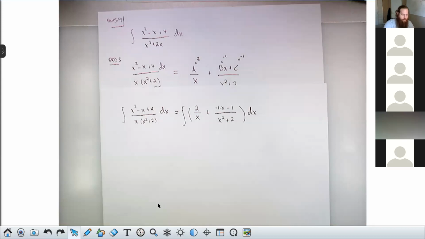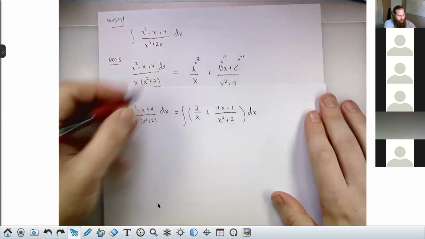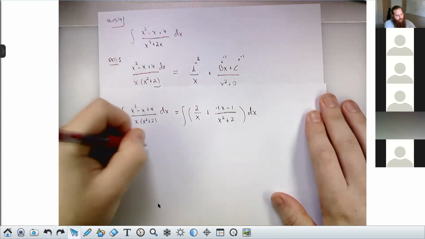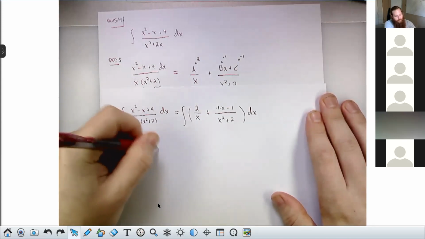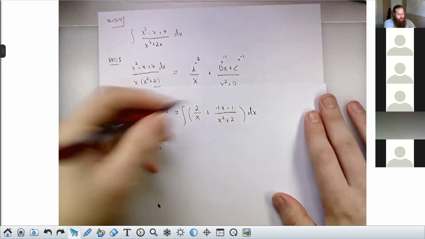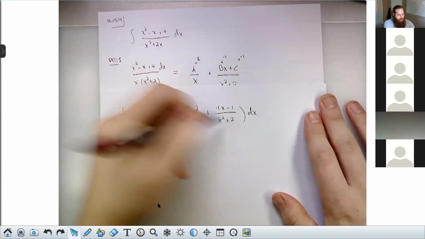The integral on the right is not at all difficult. I can split this up as 2 times the integral of 1 over x dx. And then this guy I'm going to split up as well. This is negative x over x squared plus 2.